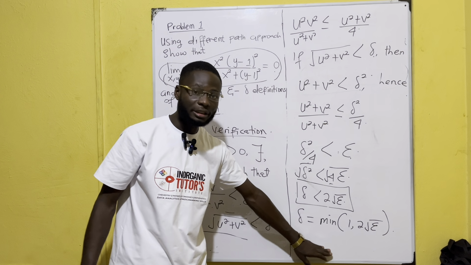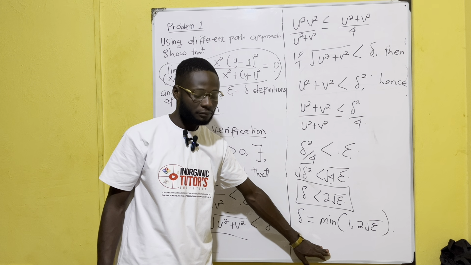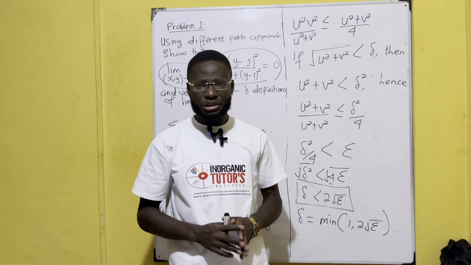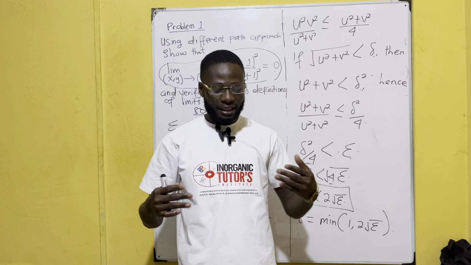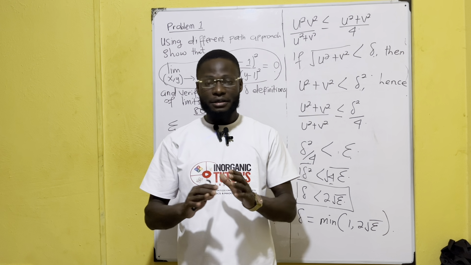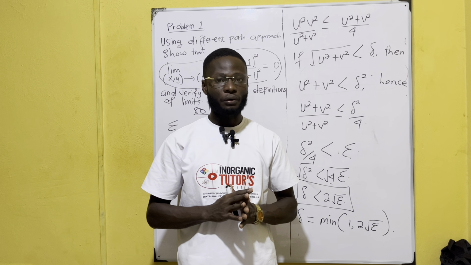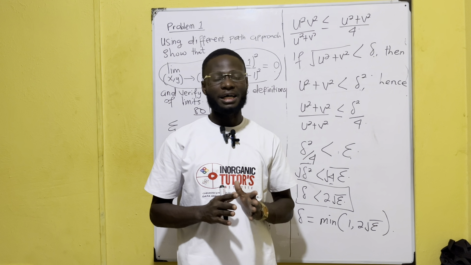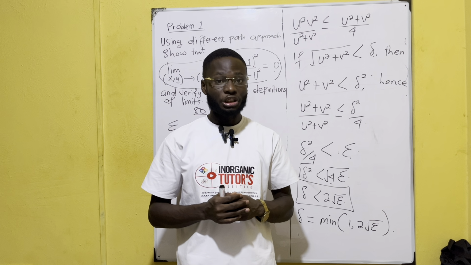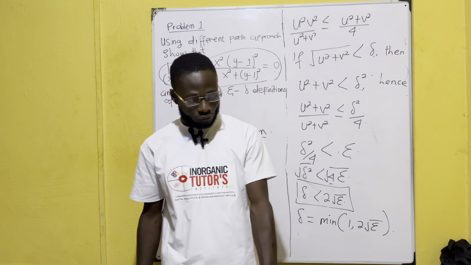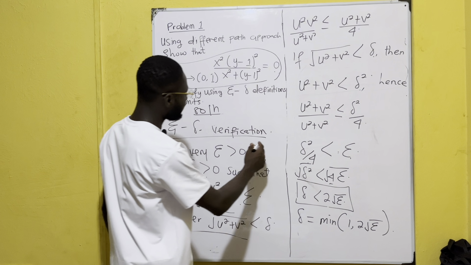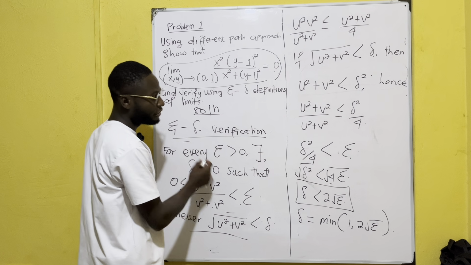So that would be our delta. Now remember, using 1 is basically optional, just to keep delta a very small value. So this completes the epsilon-delta verification proof.